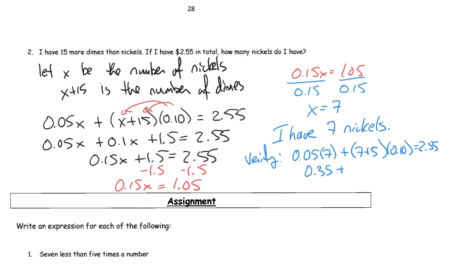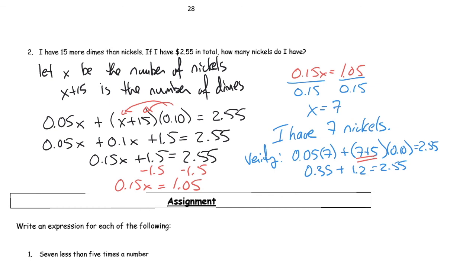And then here, I've got 12. Okay, I've got 12 times 0.1. So it's going to be 1.2. Because remember, 12 multiplied by 0.1 is going to be 1.2. Does that equal 2.55?